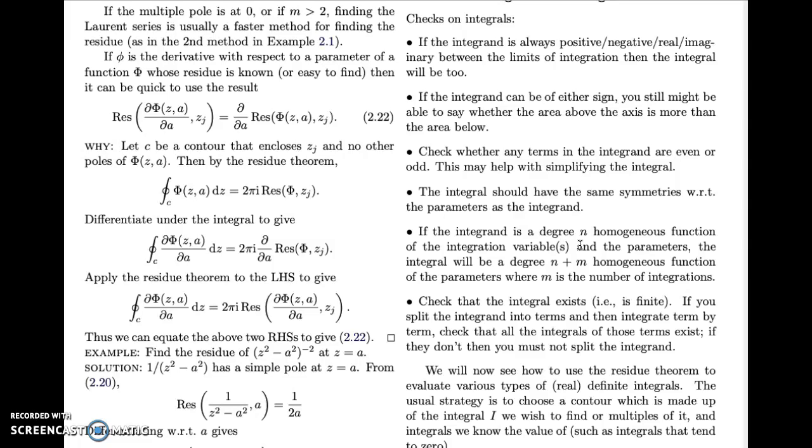So if you're integrating, say, x dx, then x has units of length and dx also has units of length, and x times dx has units of length squared, the area. So each time you integrate, you end up with an extra dimension of length, if you like.